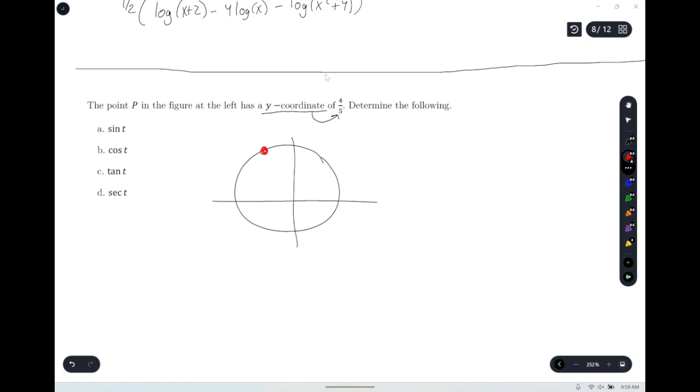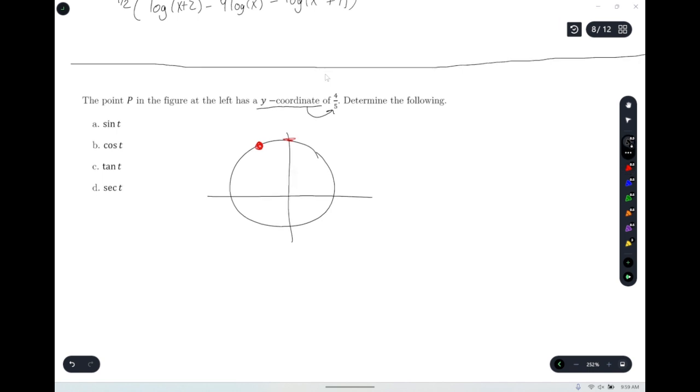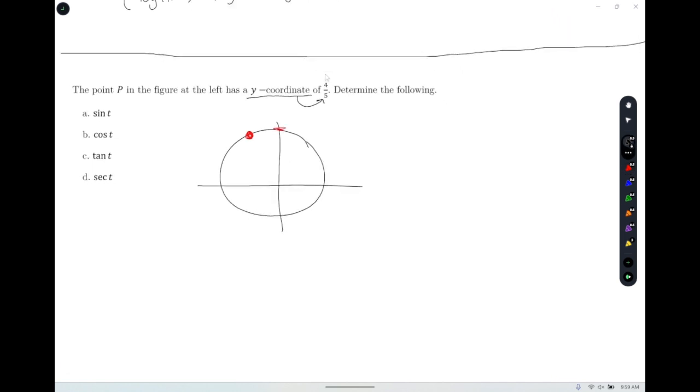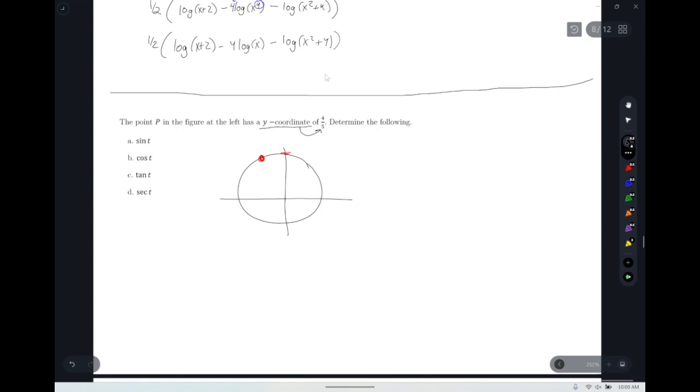Wait, how is it over here? The y value is 4/5. What is the y value at the top? 1. So 4/5 is less than 1. That's about where it is, from that picture up there. Do you want me to go copy the picture?